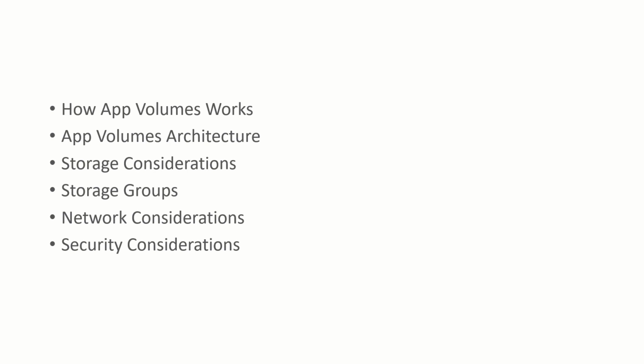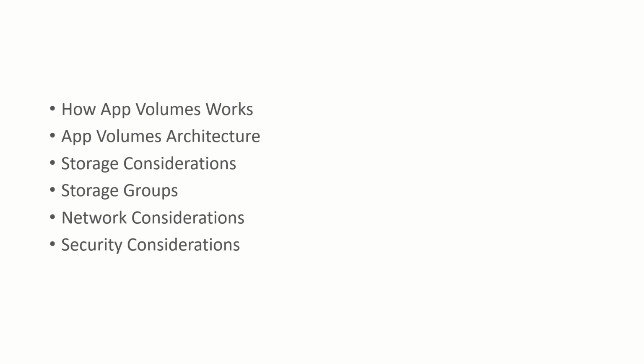So this is about licensing, and now how App Volumes works, which we will discuss. In App Volumes 4, applications are associated with certain VMDK or VHD files, which are called packages.